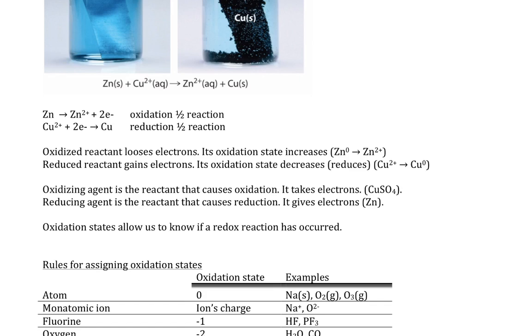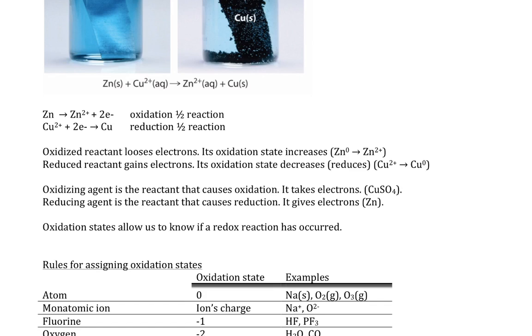We have zinc, the atom with no charge, so its oxidation state is 0, going to zinc, the ion, with a 2+ charge. Its oxidation state is 2+. So we have oxidation that has occurred because 0 has gone up on the number line to 2+. Oxidation has happened. It has lost electrons.